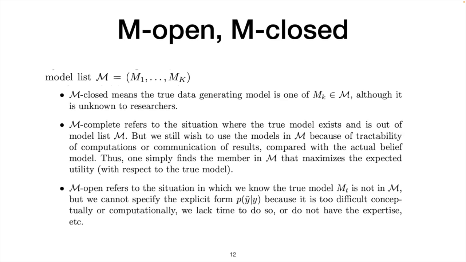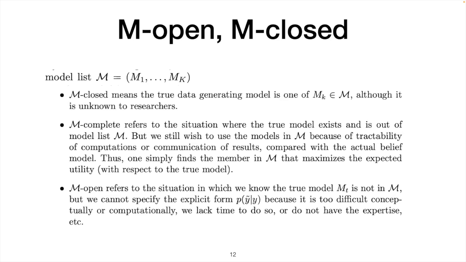And M open means that you just don't trust your model because the true data generating process is just too complicated, and you don't believe you can specify that, or you don't want to because it's too complicated. For better communication, you don't want to specify a too complicated model.